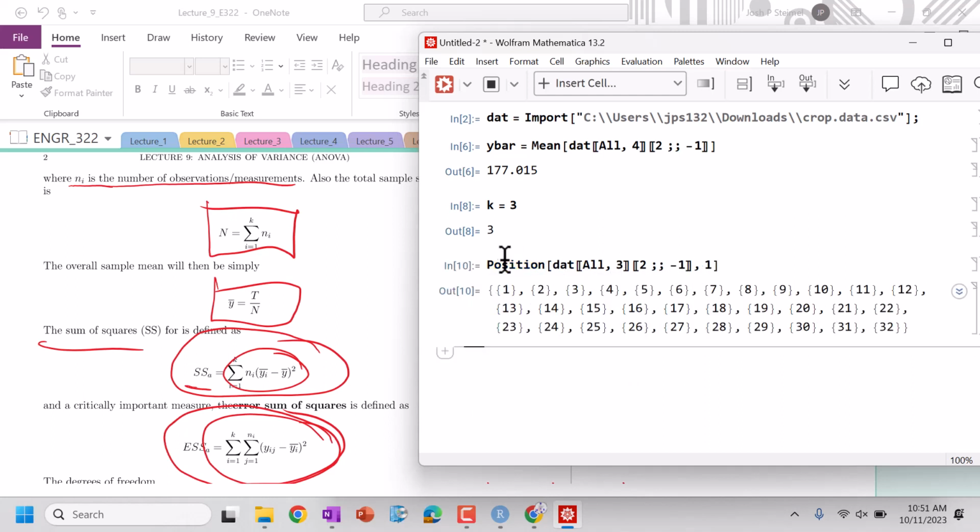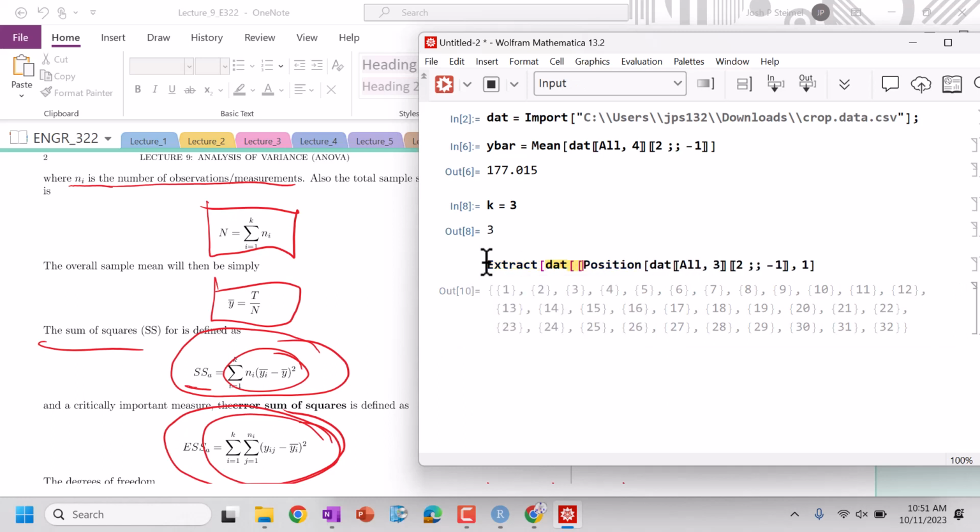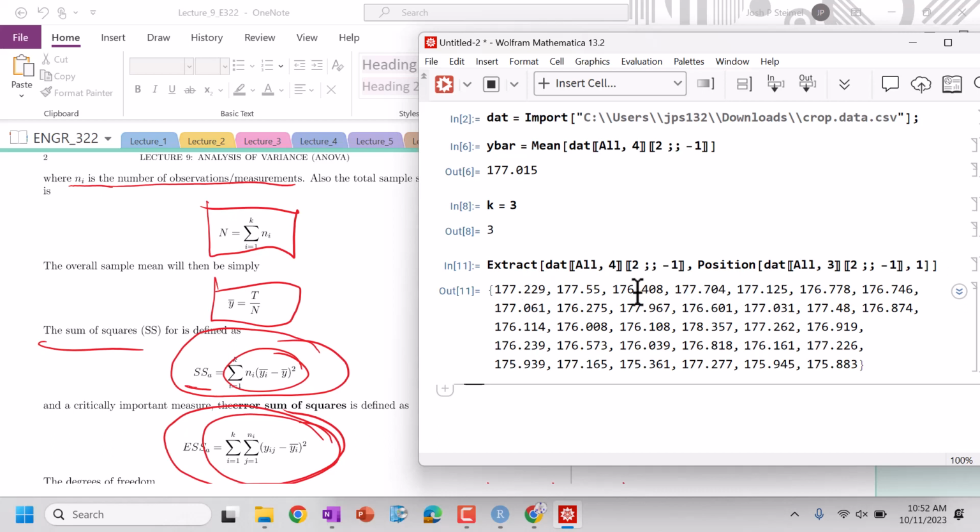And I'll have these positions, and I'm going to extract from data all rows, column 4, column 3 equal to 1. So I'm basically saying all the positions where 1 occurs, give me the corresponding yield. So I'm just pulling out essentially that data set there. So that's the key idea here.